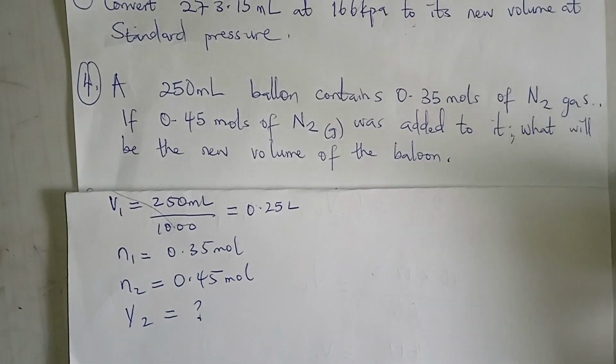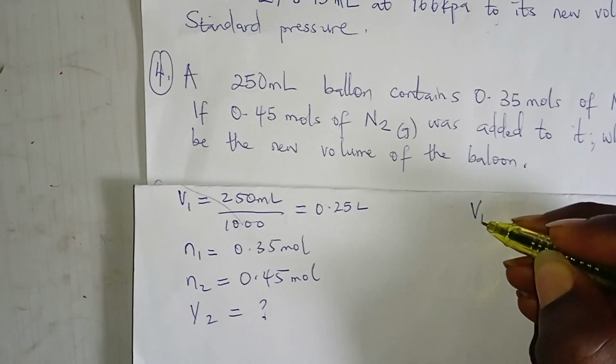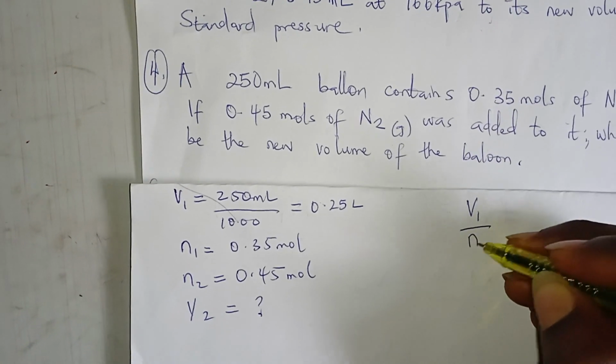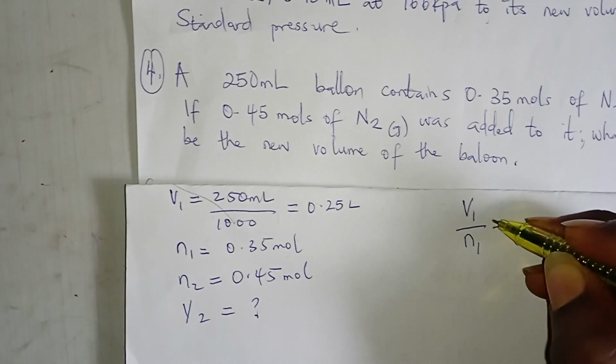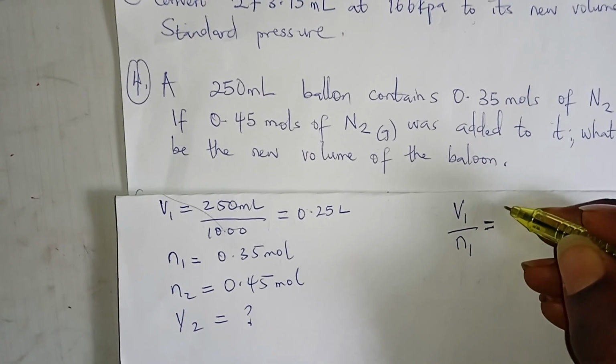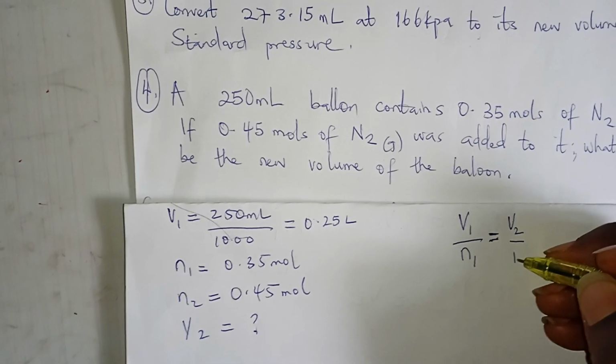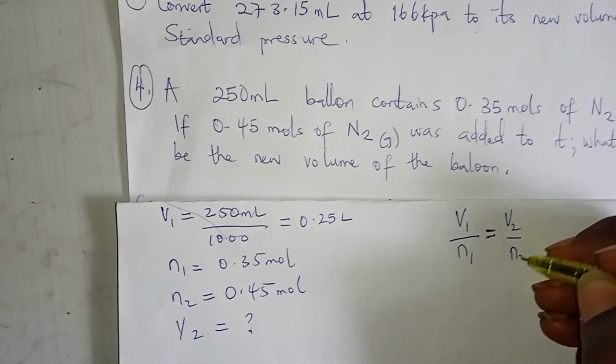So we've analyzed it. Whenever we are talking about volume and mole, what we are talking about is Avogadro's law. Avogadro is about the amount of mole, not the number of particles. He said that volume is directly proportional to the amount of substance.